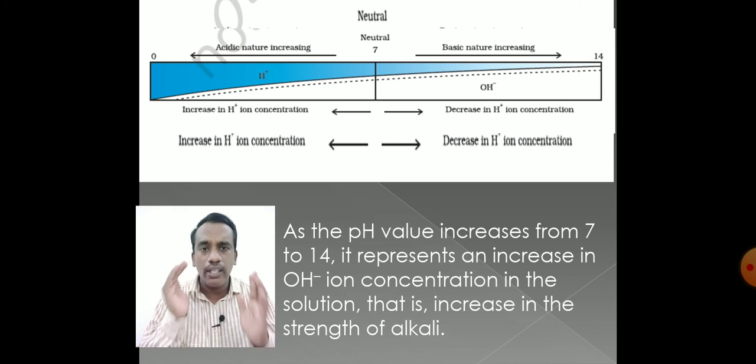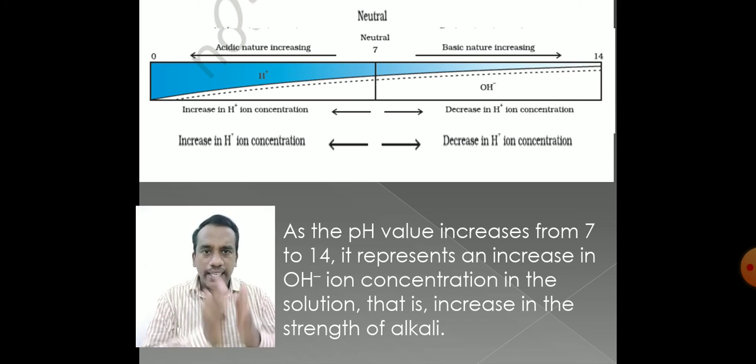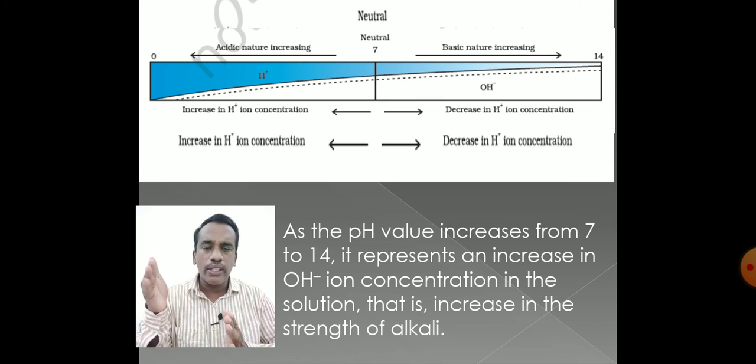So let us come to the final conclusion. In the pH scale, we have the values ranging from 0 to 14, and exactly 7 means a neutral compound. When you come to the 0 value, there are more H plus ions, so they are strong acids.